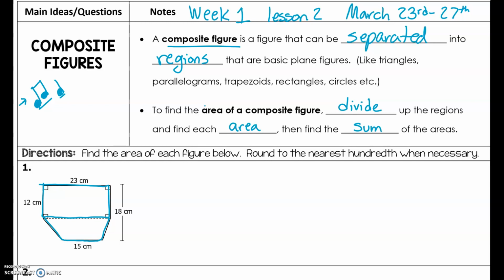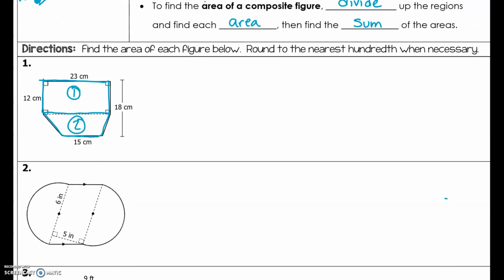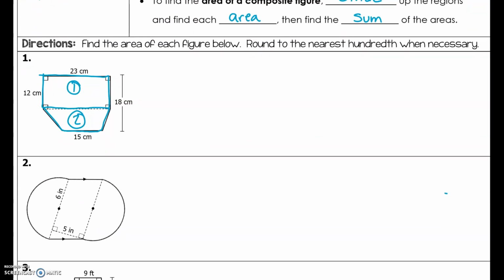Okay, to find the area of composite figures, we need to divide up the regions. So we're just going to draw that out, 1 and 2, so label them. Okay, and we're going to find the area of each one, and then all we have to do is add them together. So let's go ahead and take a look at directions for number 1.